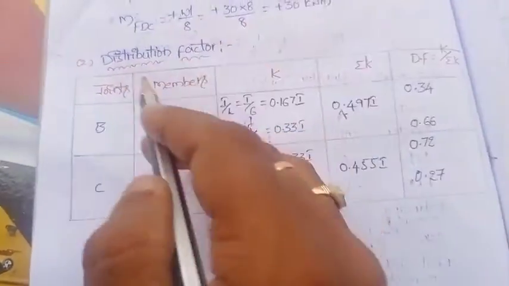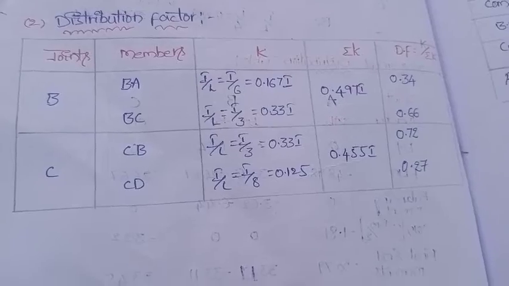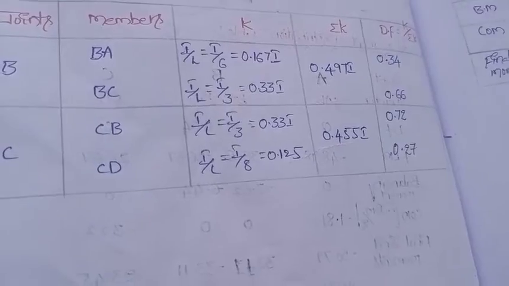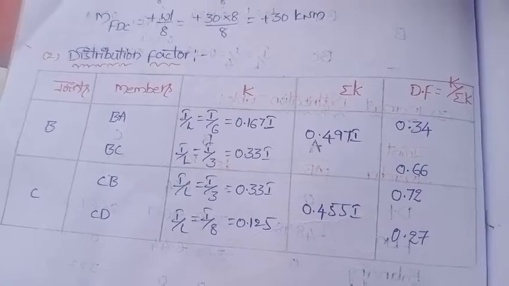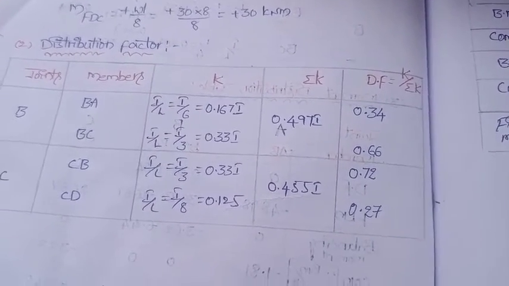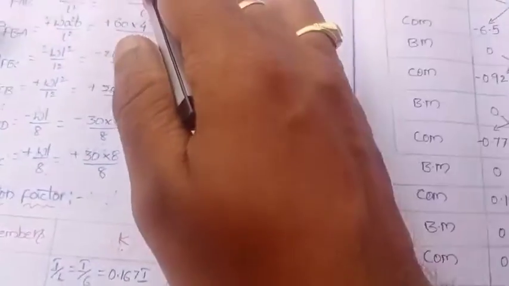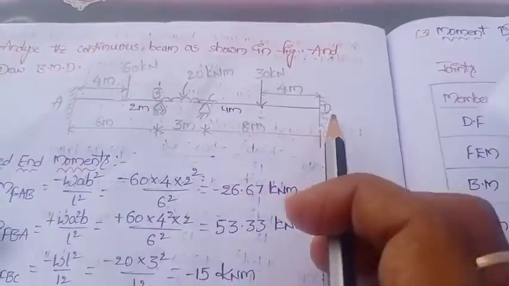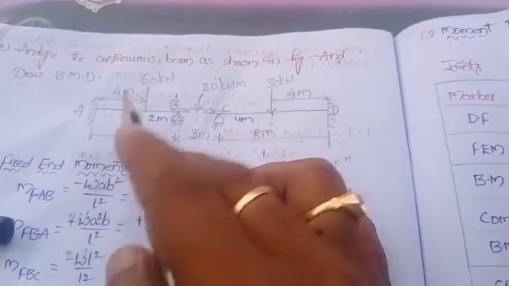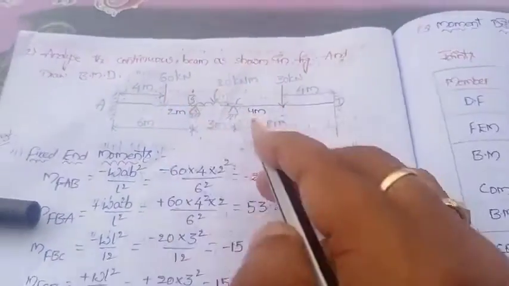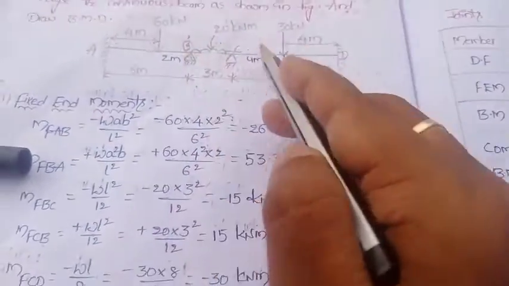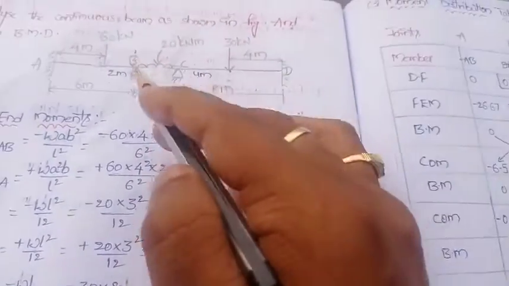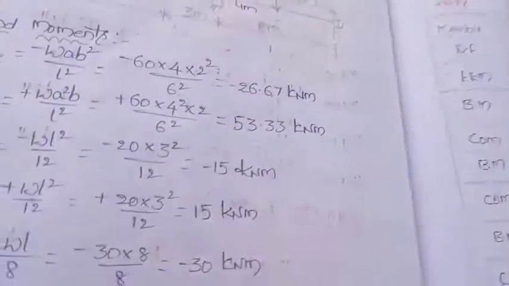Next one, the distribution factor. We have to find the distribution factor for all members of the joints. In the given beam, A is one end and D is the other end, and B and C are the intermediate supports. The intermediate supports of the beam are called joints.